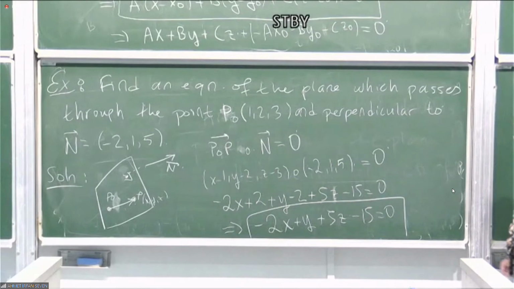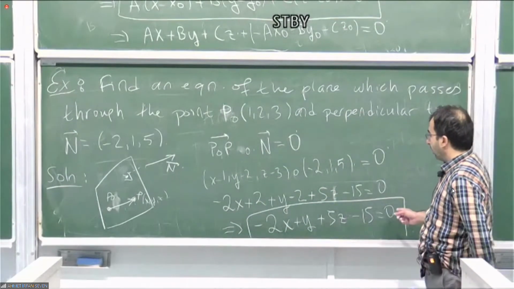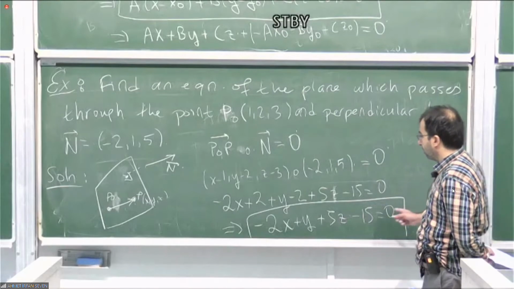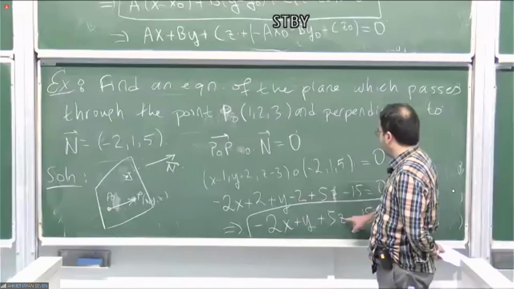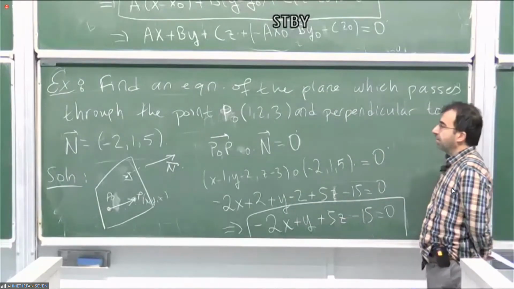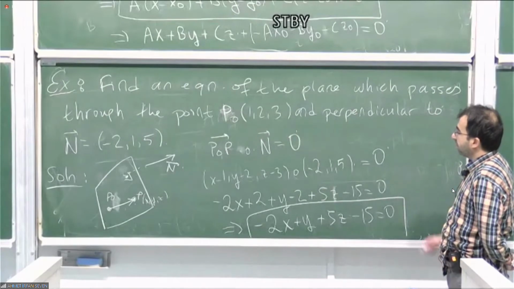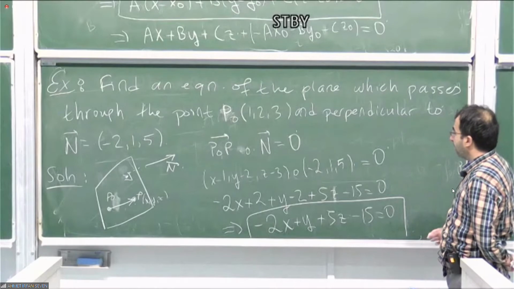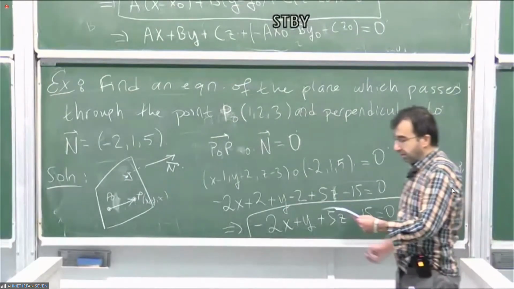So this will be the equation of our plane. And you see this is called a linear equation. We have x, y, and z, just a first degree equation. There are no squares or anything, and there is no other parameter t. So this would be the equation.